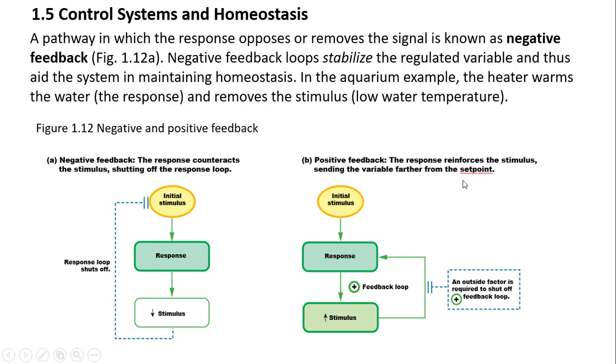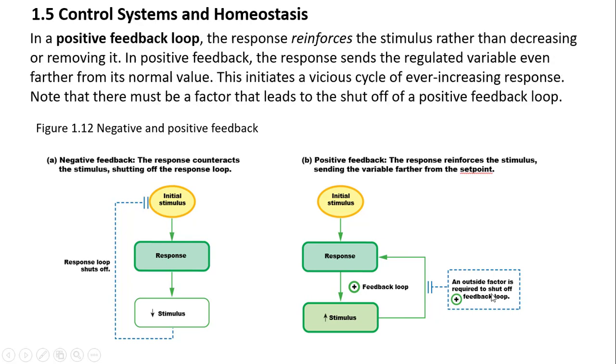There might have been a normal value, but once you start to deviate from this normal value, then it's sort of an explosive change, in which the stimulus would continue to, say, increase or decrease. It would get further and further away from the normal value. And so in these positive feedback loops, you have to have an outside factor that then turns off the feedback loop. I think this will be clearer when we talk about an example.